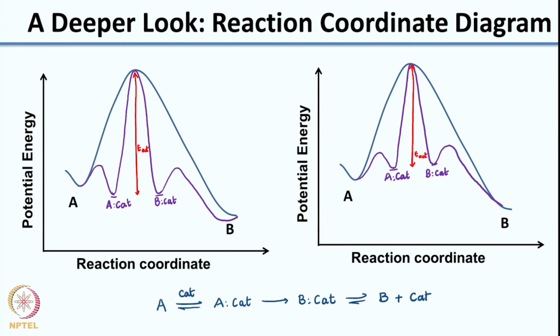Now, your original activation energy, I will show it in a different color. Let us choose green here. So, your original activation energy is given by this energy difference. So, this is your original activation energy. Similarly, in this case, this is your original activation energy.